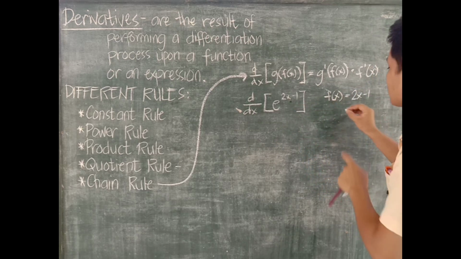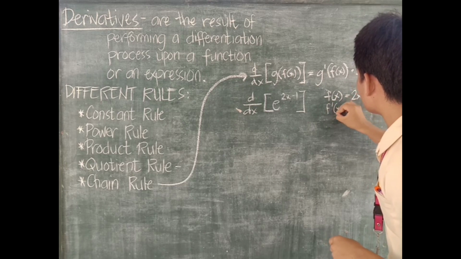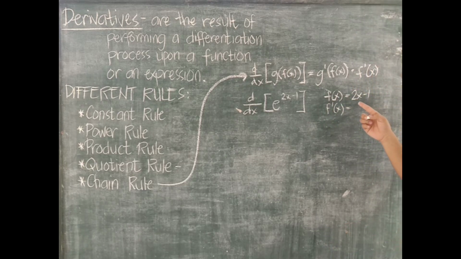And the derivative of this inner function, using the power rule, 1 times 2 is equal to 2. Exponent 1 minus 1 is equal to 0. So any variable raised to 0 will be equal to 1. So 2 times 1 is just 2. And the constant rule says that the derivative of any number is equal to 0.